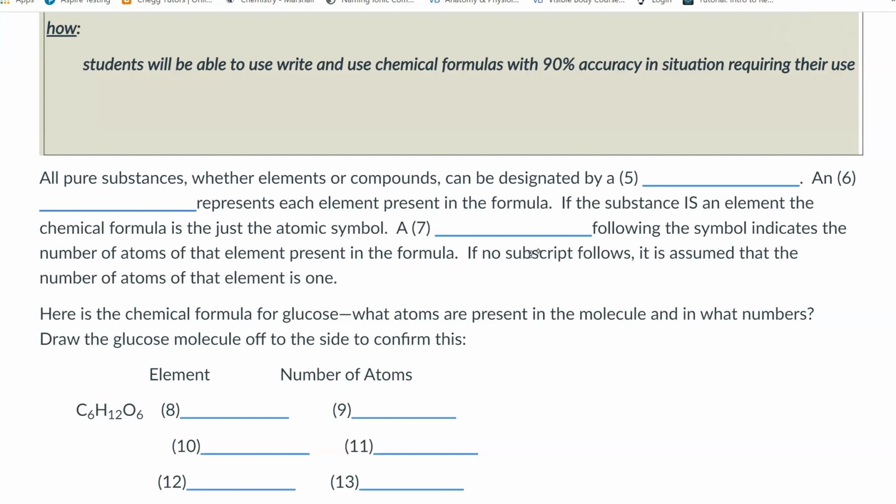An atomic symbol represents each element in the formula. So in this formula down here, C represents carbon, H represents hydrogen, O represents oxygen. And if the substance is an element, the chemical formula is just the atomic symbol. So if I just have carbon, I just write C.